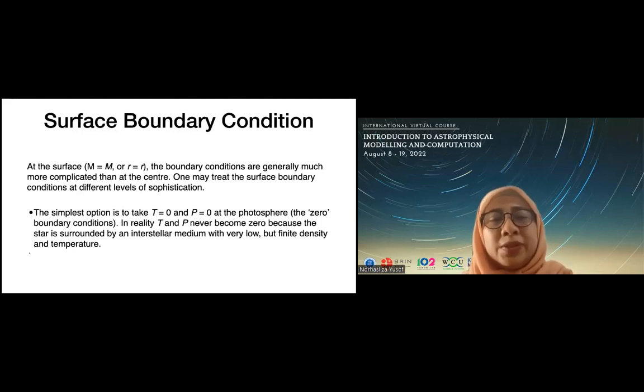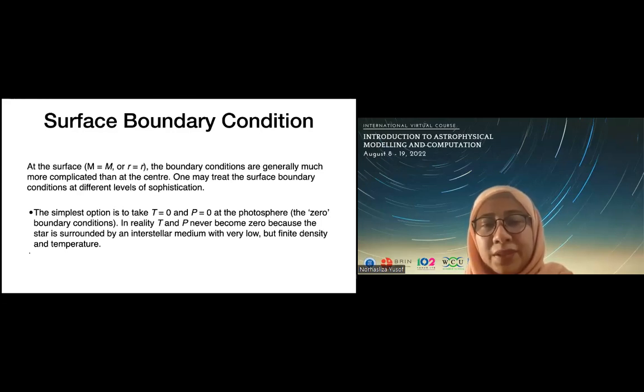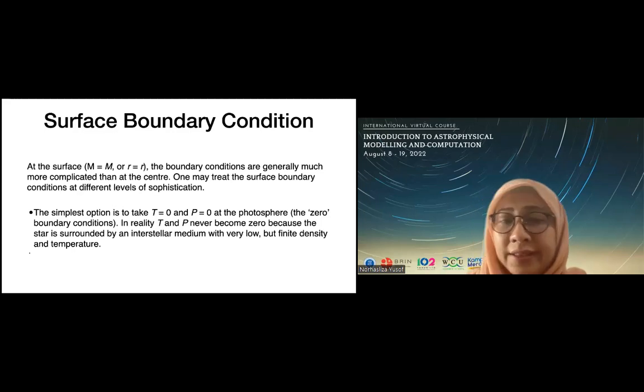The simplest option is to take temperature 0 and pressure 0 at the photosphere. You can see that at the center we have a value for the pressure, but at the surface it is 0. So this is what we call a zero boundary condition. But in reality, the temperature and pressure never become 0 because the star is surrounded by the interstellar medium, which has a very low but finite density and temperature.